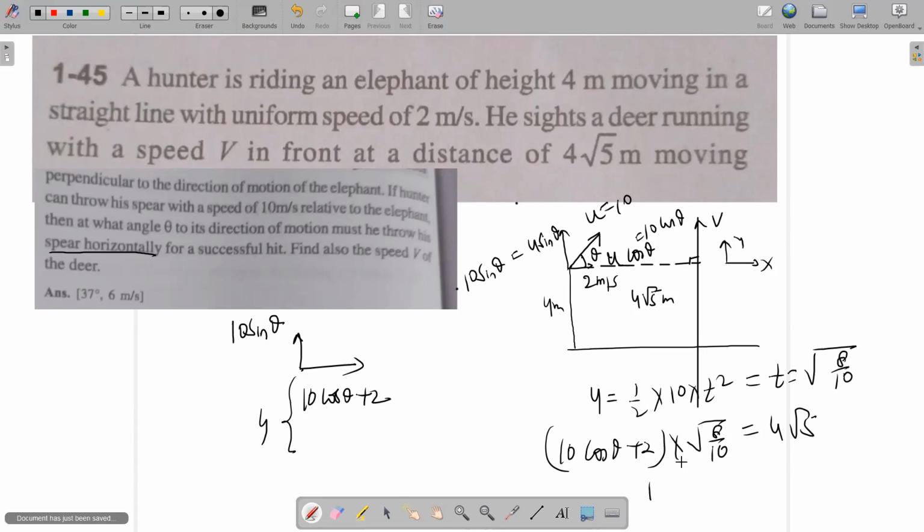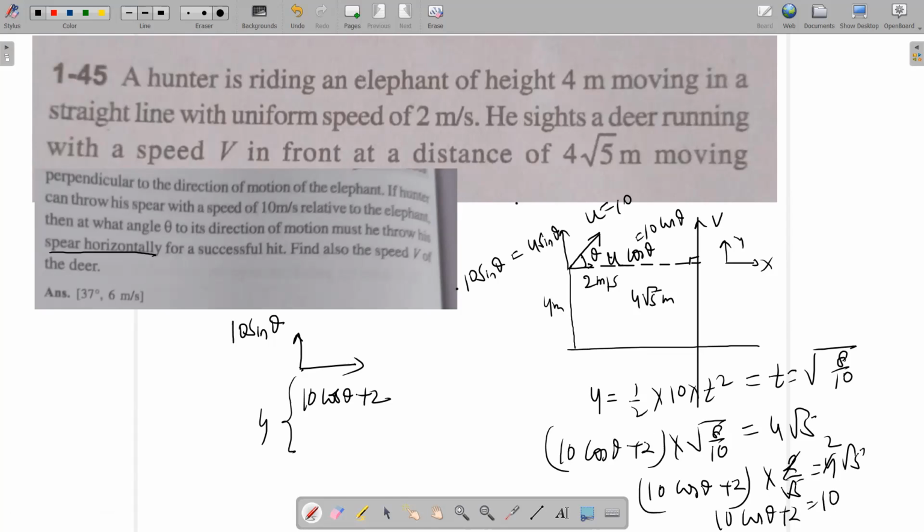So from here you can see, 10 cos theta plus 2 equals 4 root 5 upon root 8 by 10, which is 10. So 10 cos theta plus 2 is 10. So cos theta is 8 by 10, that is 4 by 5. So theta is 37 degrees.